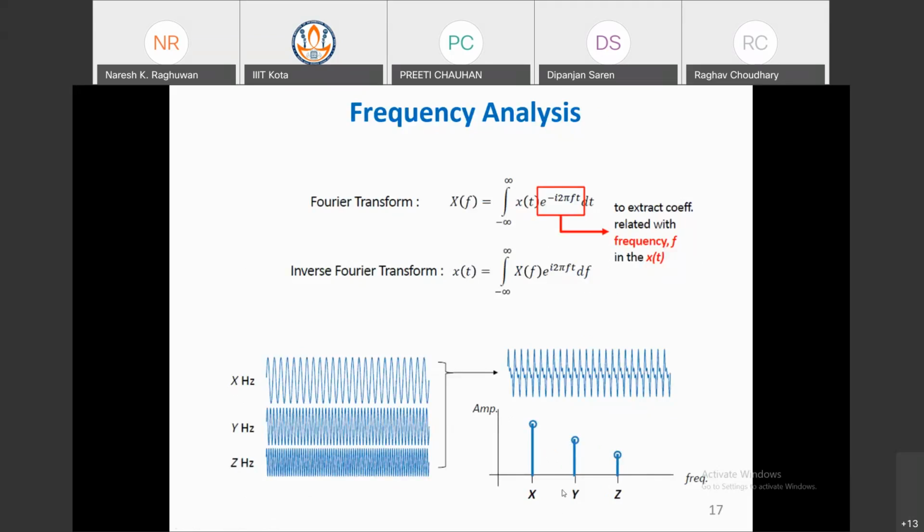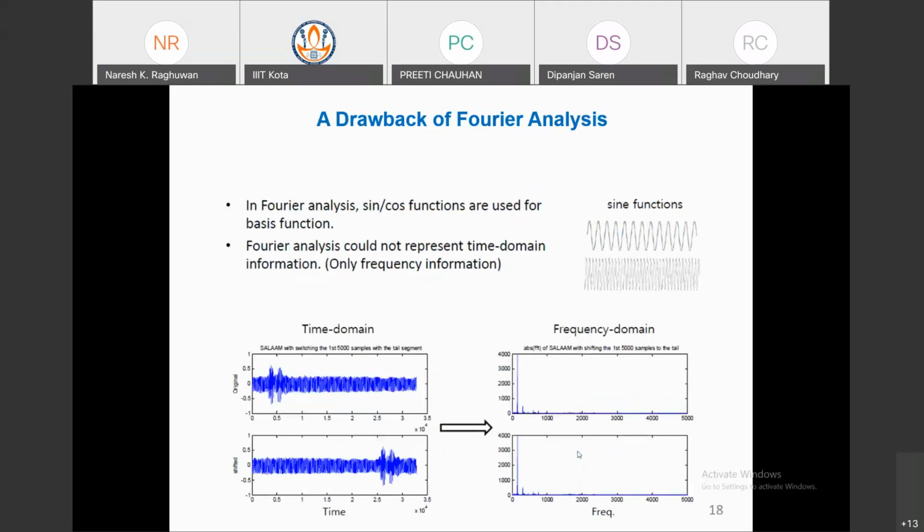So from this figure, you will see that there is no information about time, at what time the signals are occurring. The time is missing here. So we can say these are some drawbacks.